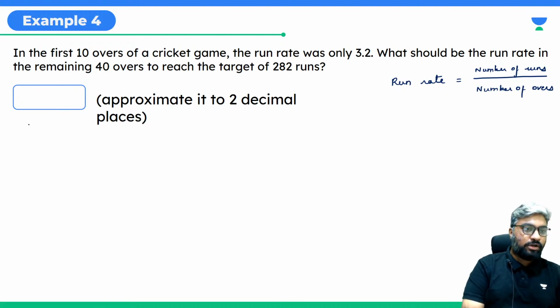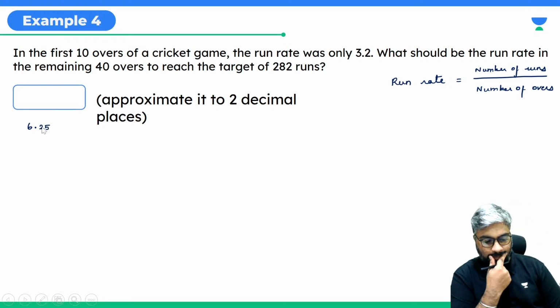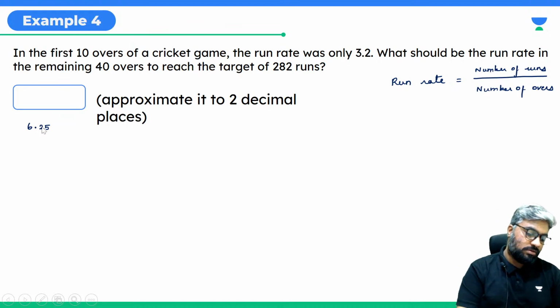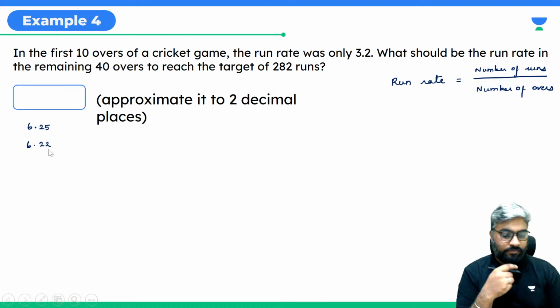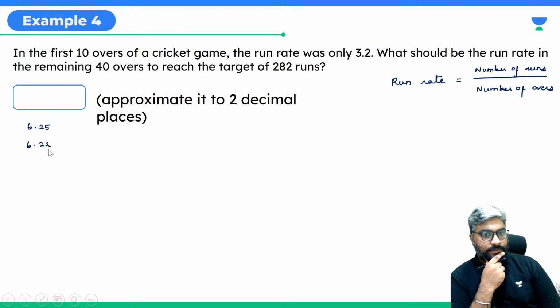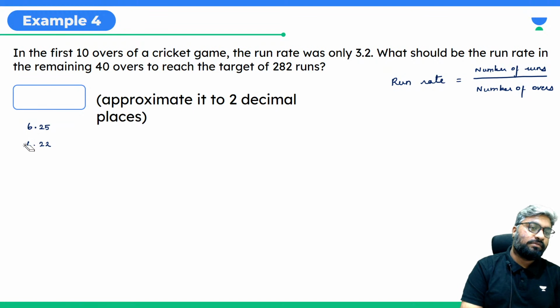Keshav says 6.25. Okay. Priya says 6.22. Okay. Others? Okay, 6.25.